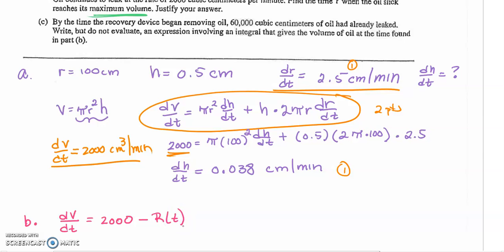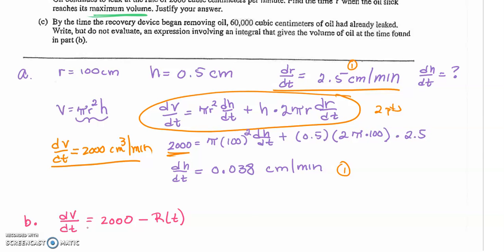This goes back to that in-out problem where we have things coming in and things going out. So this is the rate of change of the volume of the oil with respect to time, the total amount of oil. Again, oil leaking minus oil cleaning up.